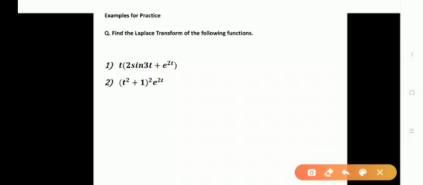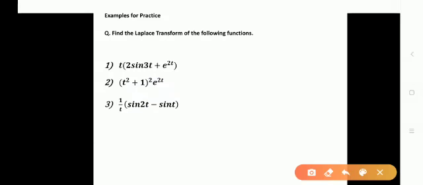Second example, t square plus 1 bracket square. Again, just now we have seen the example. The same case is here. First you have to apply the a plus b bracket square expansion, and then for this e raised to 2t apply the first shifting theorem or first shifting property. Next one, here very simple.